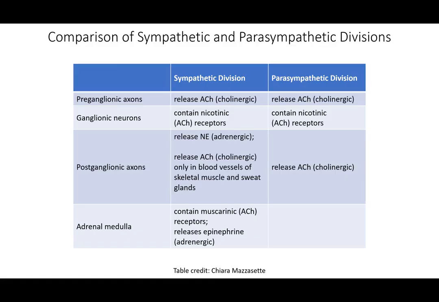And so without that parasympathetic input, the heart rate would work at basically a normal rate of 100 beats per minute, and then with the sympathetic nervous system speeding that up during exercise or stressful situations, that would speed up to about 120 to 140 beats per minute. But the parasympathetic innervation allows the resting heart rate to come back down to about 60 to 80 beats per minute on average.